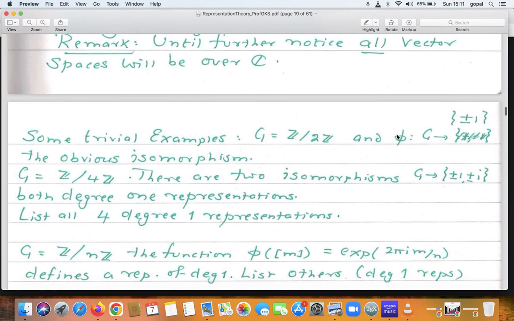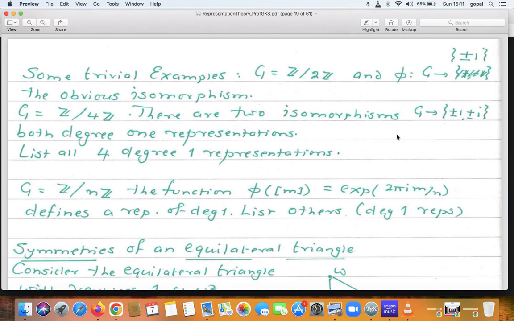So some trivial examples. Take the cyclic group of order 2. It has two elements, and there are two group homomorphisms from the group to C star. Namely, it has to map into plus minus 1, and there are two such group homomorphisms, the trivial one and the isomorphism, which sends the generator to minus 1.